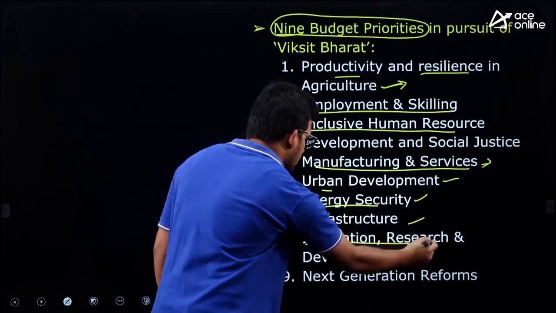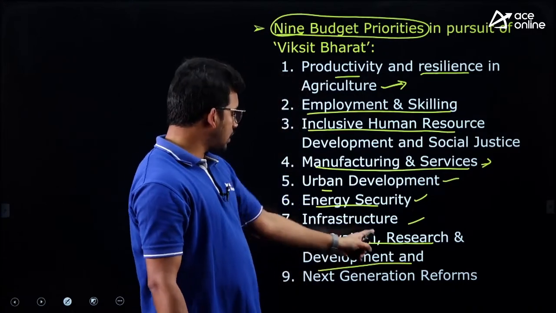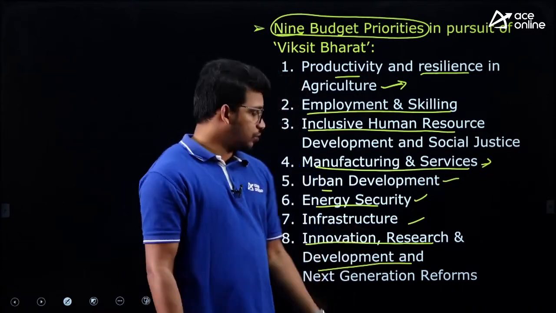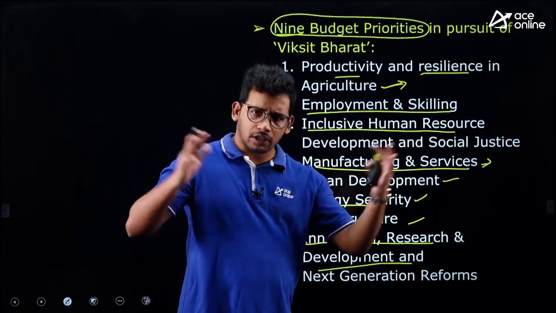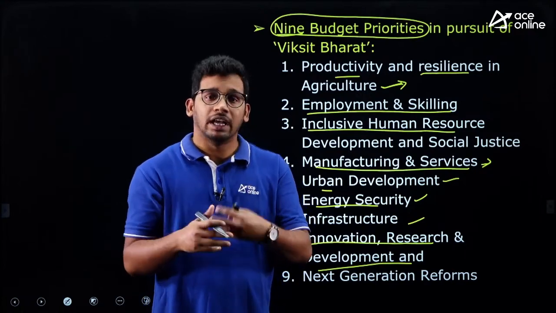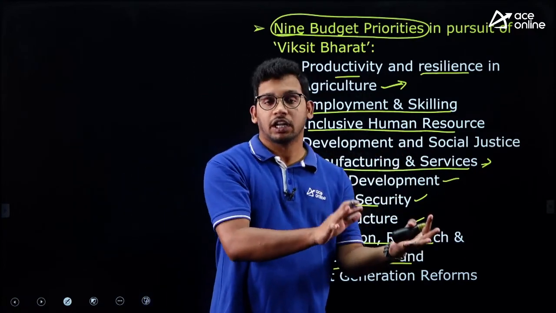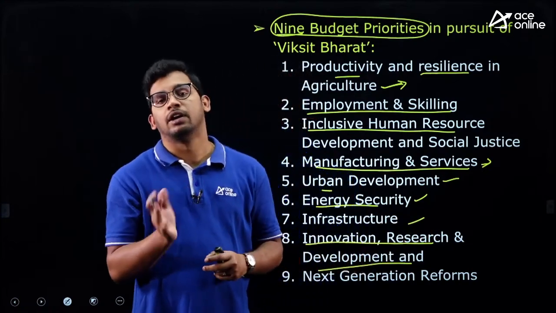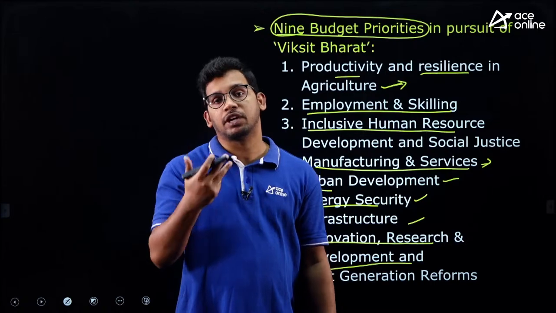And then innovation, research and development, right. So this is the 8th priority. You all know that India, even though it has a huge population, most of the technology and most of the inventions are not coming from India. It is coming from western countries like USA, Germany, France and all, and China is also competing with the European countries in terms of innovation.